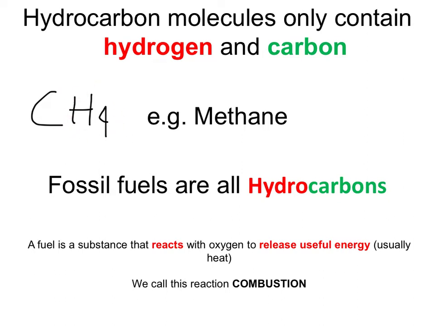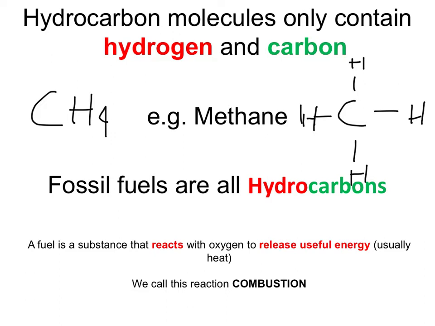If you were going to draw its chemical structure, you would have a carbon. Carbons always make 4 covalent bonds, and then you would have the hydrogens around the outside, 1, 2, 3, and 4. So the rules here: carbon makes 4 covalent bonds, hydrogens make a single covalent bond, and that's how they would bond together.